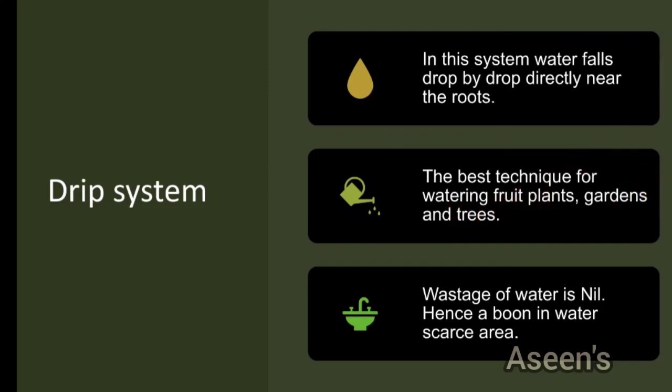Since these kinds of plants require more water, and most of the time most of the water is wasted, the drip system proves the best method for such plants. Wastage of water is nil. As I said, no wastage of water happens in the drip system, hence a boon in water scarce areas.